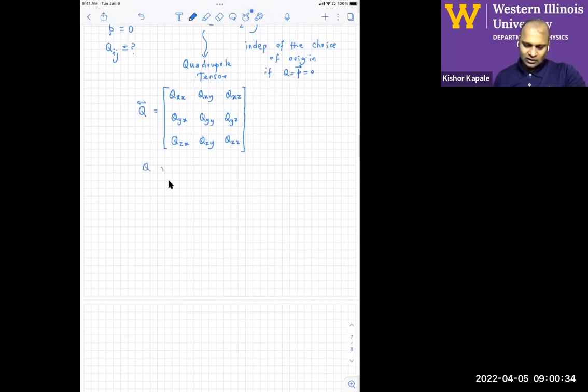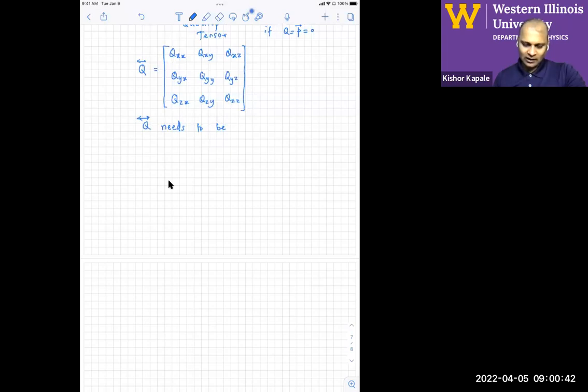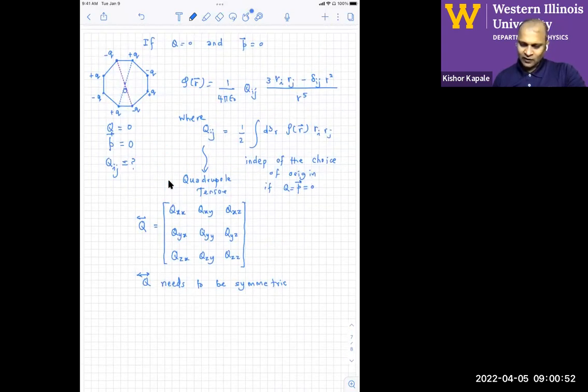So Q, okay, this is not a total charge Q, so I have this double-arrowed notation for it to be a tensor. Q needs to be symmetric. Okay, why? Take a look at this. What if we interchange the indices Ri and Rj? Do you think that's going to change the value of the integral?